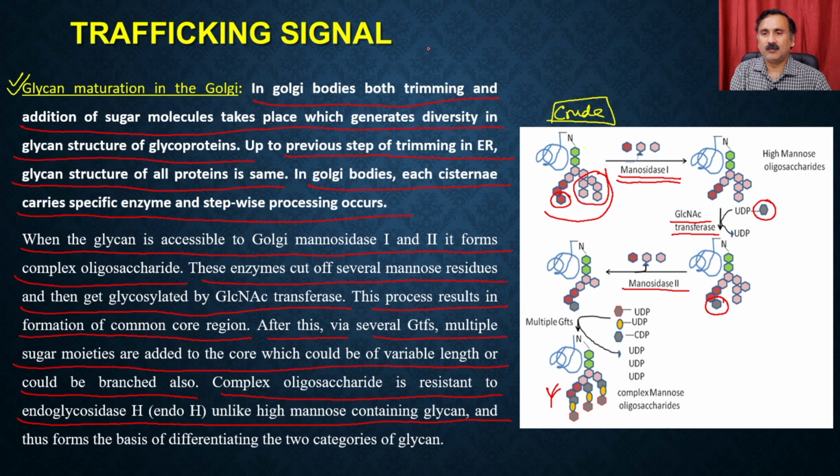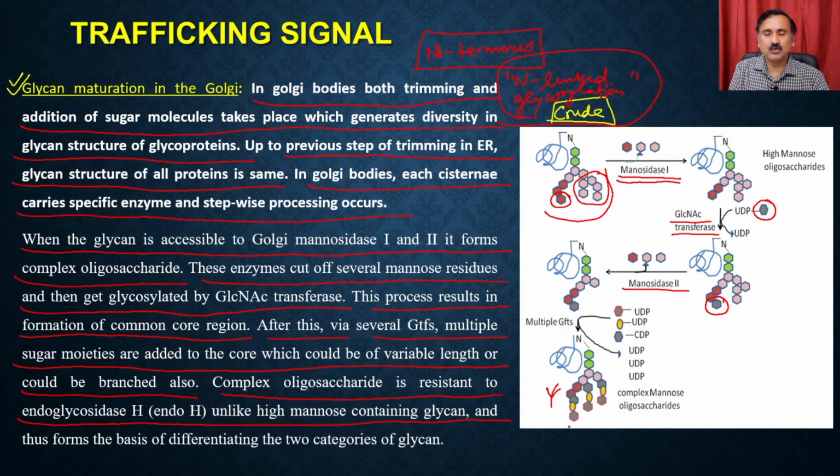So this is the N-linked glycosylation, where you are going to have the different types of steps, and this is mostly happening in more than 90% of proteins, where first you have a crude sugar moiety, and then this crude sugar moiety is trimmed and matured in the ER and the Golgi bodies, and that's how it forms a complex sugar, and that complex sugar molecule functions as the trafficking signal, and that could be different for the different types of proteins, and that's how it is targeted to the different organelles.